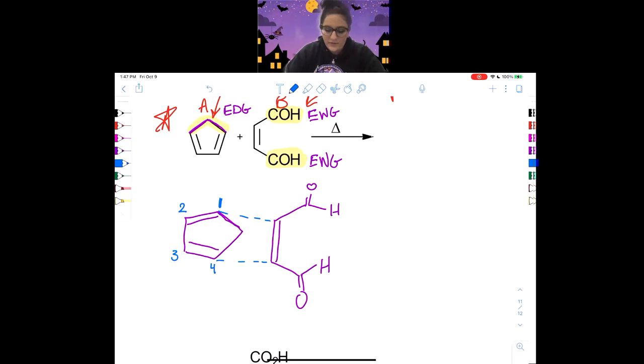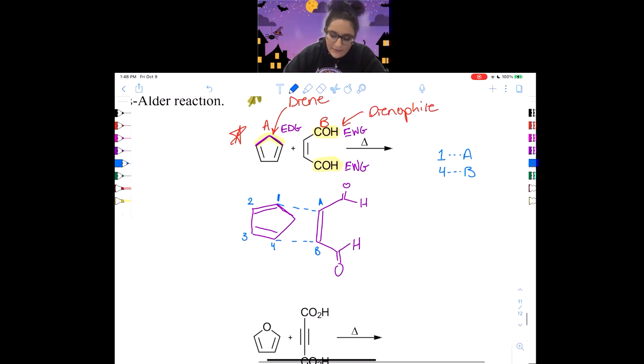So 1 and 4 are always on the open sides. Like here, right? And then you're going to name the nucleophile A and B. A should always match up to 1, and 4 should always match up to B.